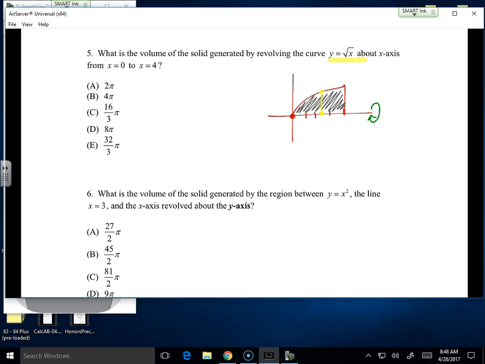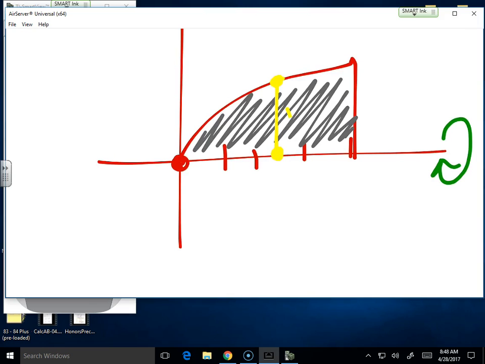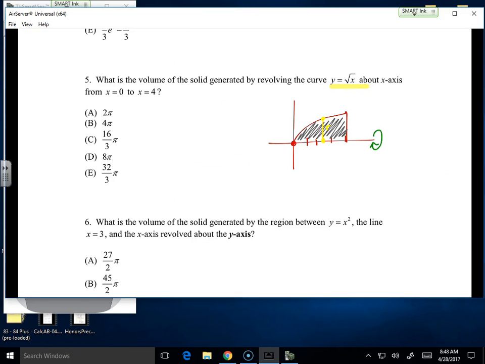So why am I drawing this representative line? I'm drawing it for my radius. Knowing our formula cards and knowing disks, this is the integral from the lower bound to the upper bound of pi times R squared dx, because it's about a horizontal axis.